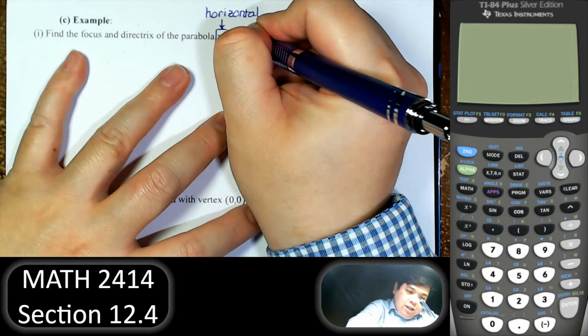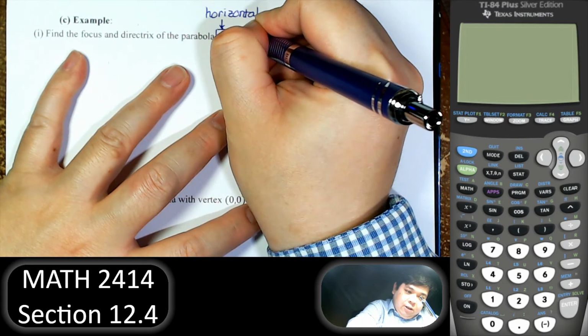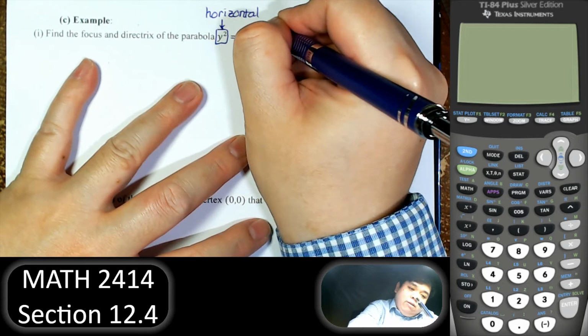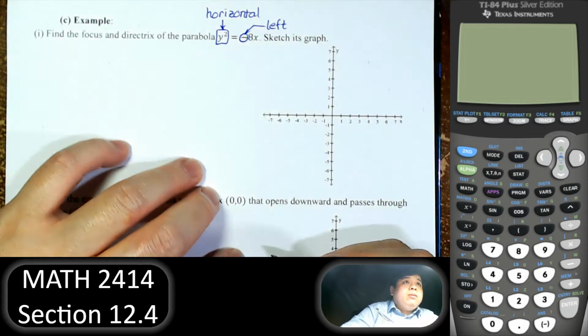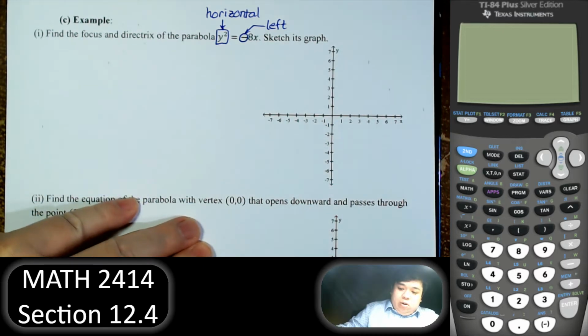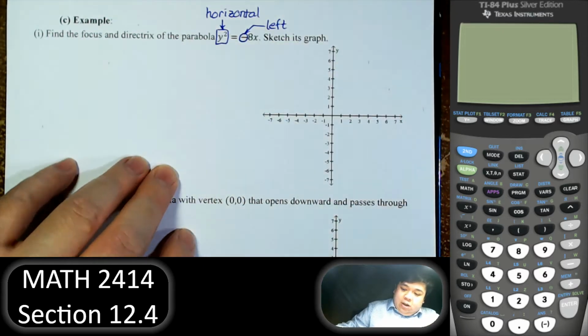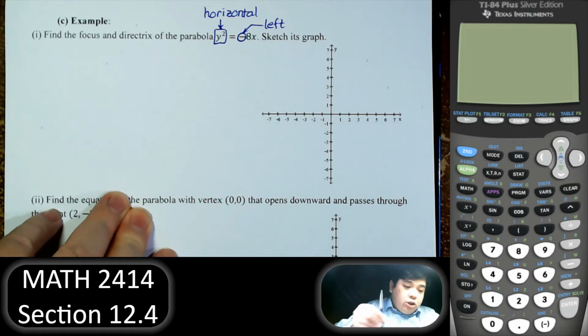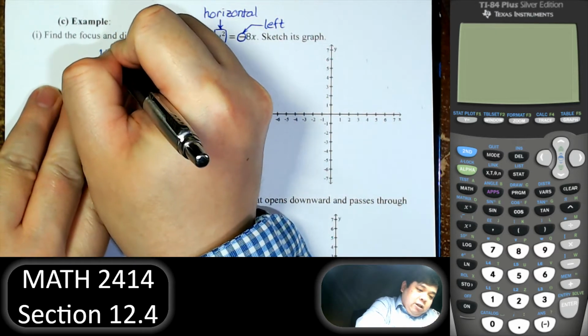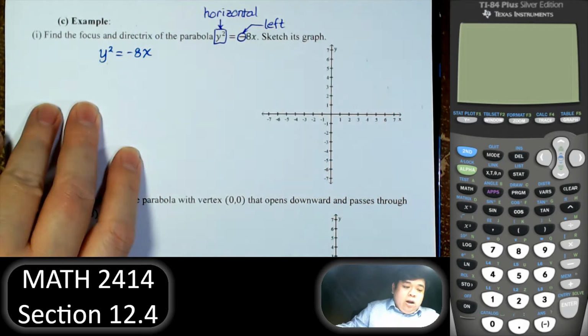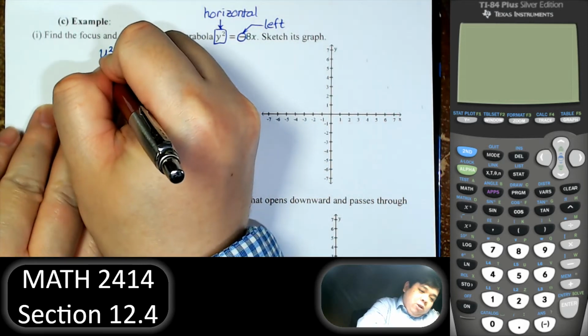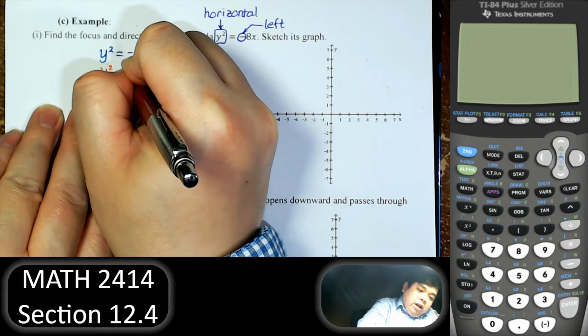Horizontal parabola, the negative, meaning that it opens to the left. And in general, we can say what we have is y squared equal to negative ax, compared to the form y squared equal to negative 4px.